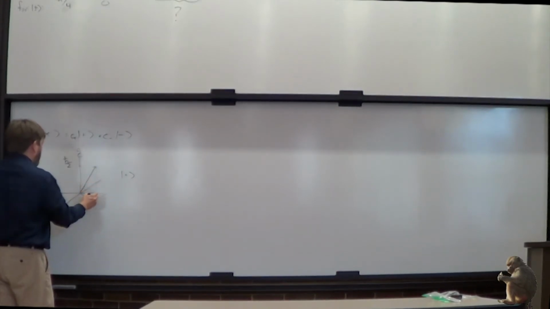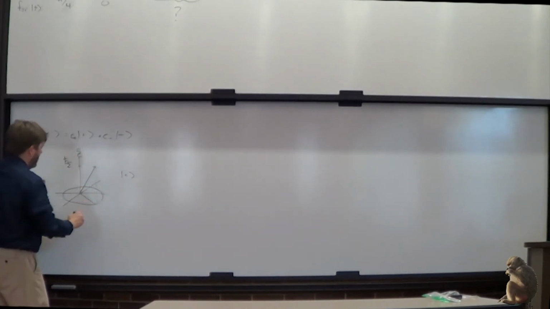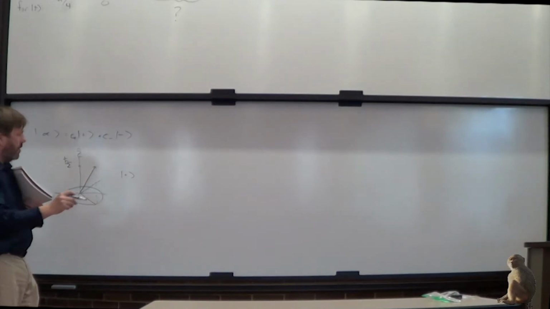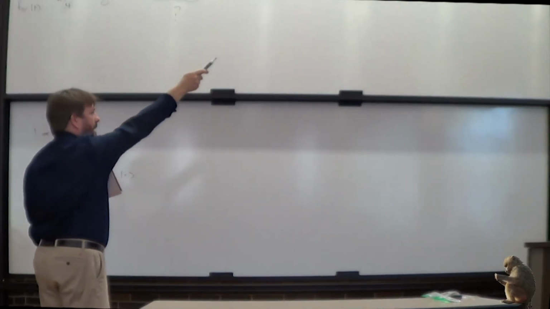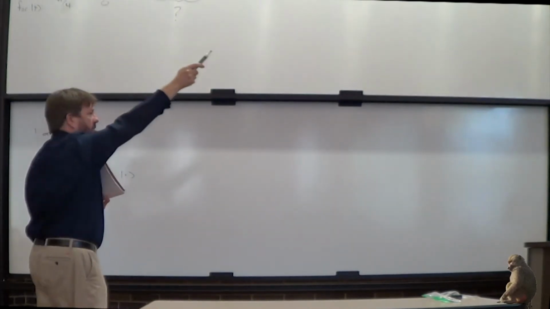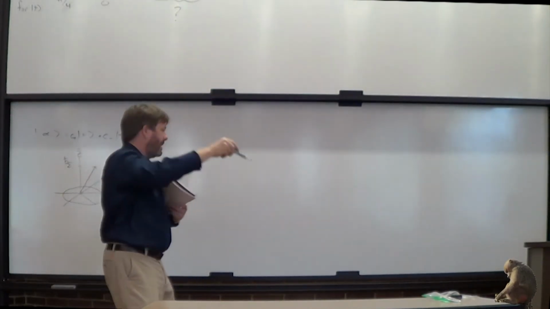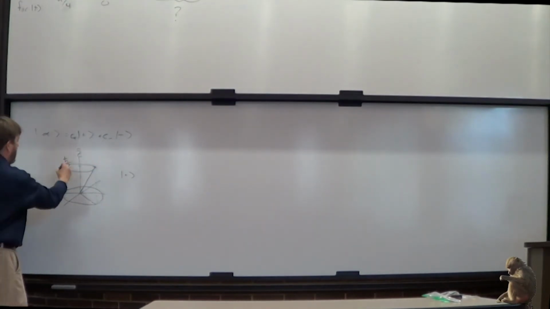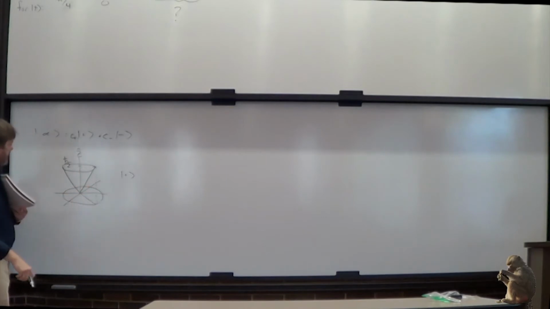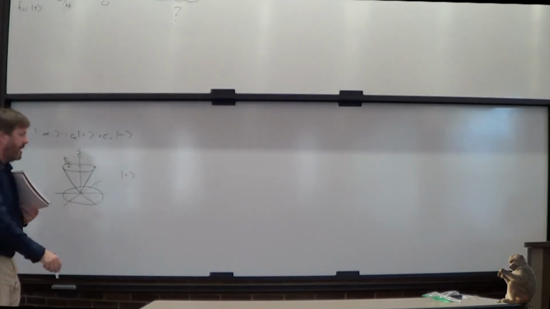So you would represent that by some kind of circle. While I know its projection on z, I don't know how it projects on x or y. Technically, the way that these are often represented is as a cone.